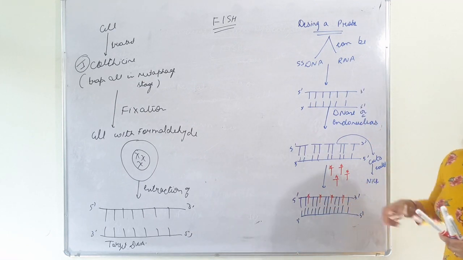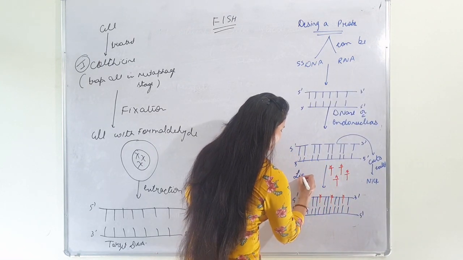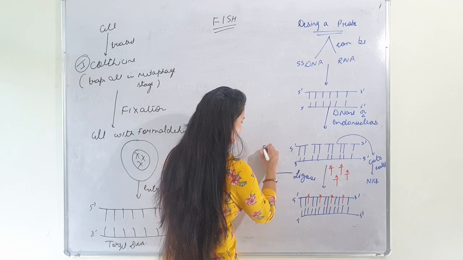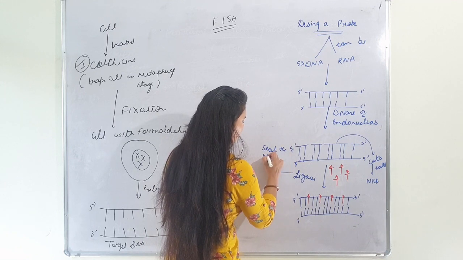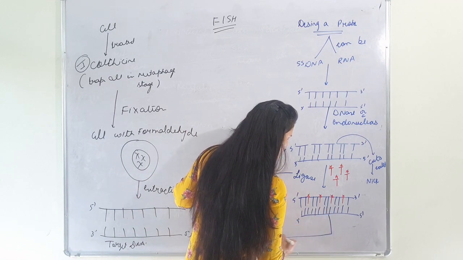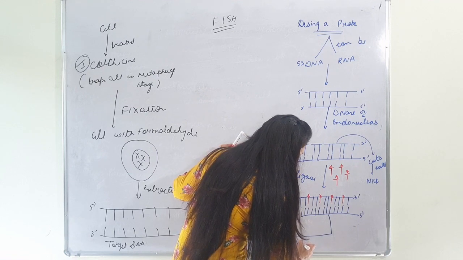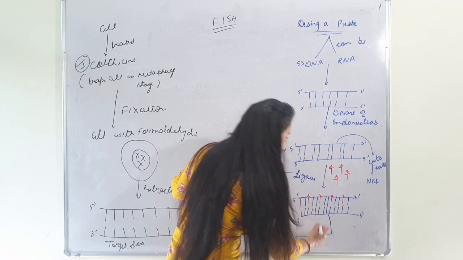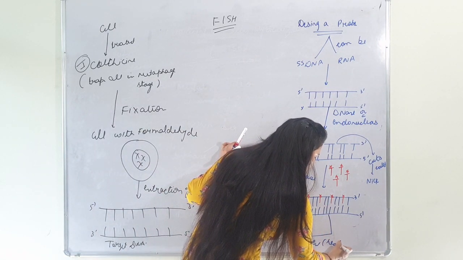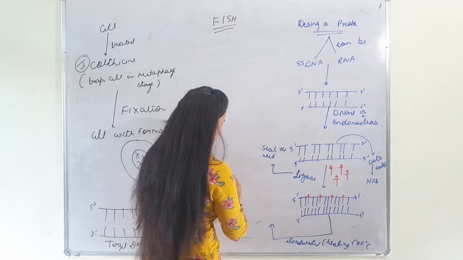And these gaps are sealed here by an enzyme called ligase. Ligase is an enzyme which seals the nick. Now, this probe is again denatured in order to convert it into a single strand by heating it to a temperature of 95 degrees Celsius.